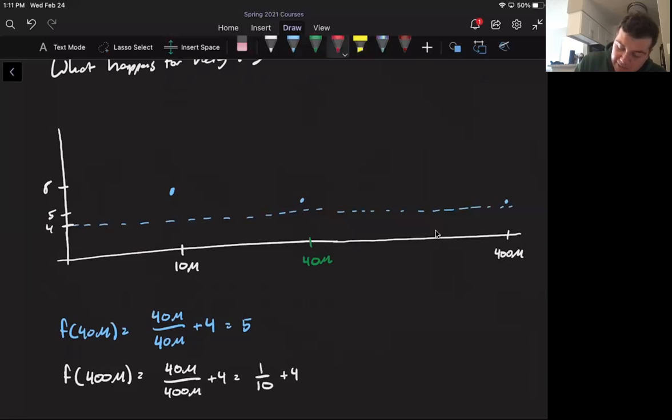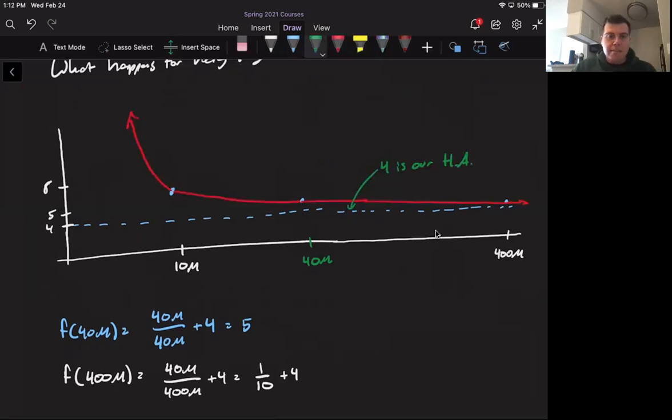We'll start to connect these lines, and that's going to start shooting way up on that side. All right, so this is the idea that 4 is our horizontal asymptote.